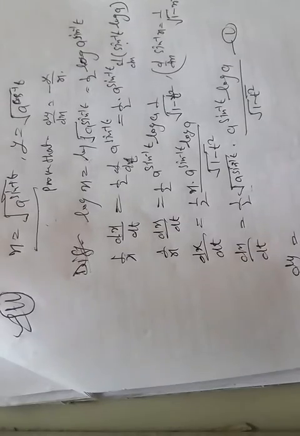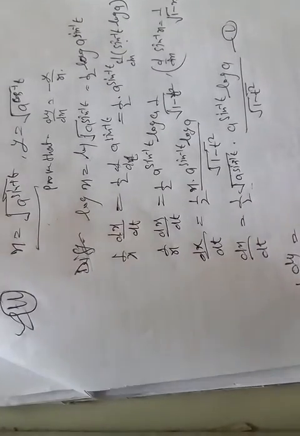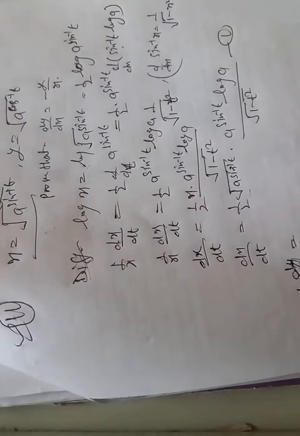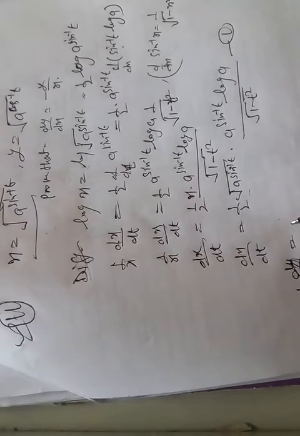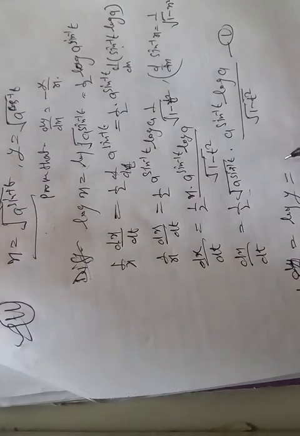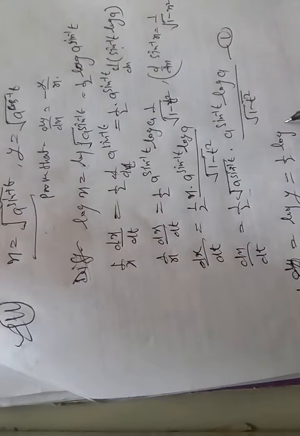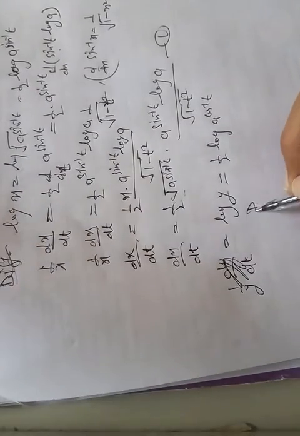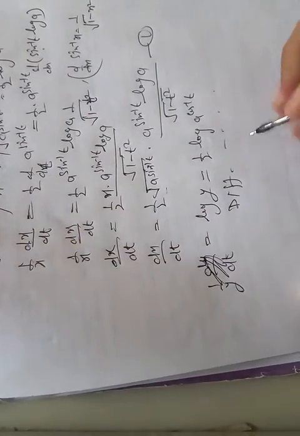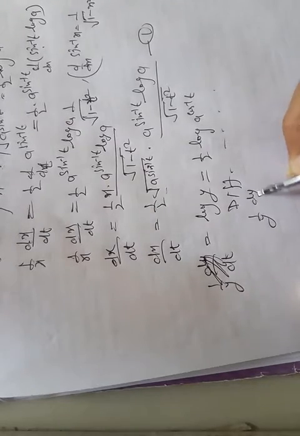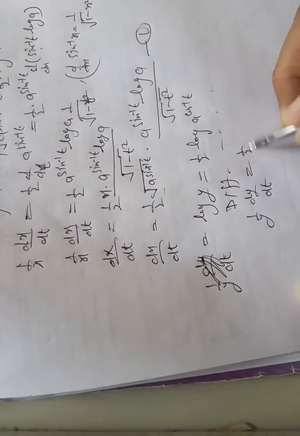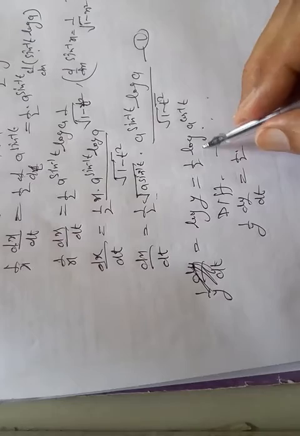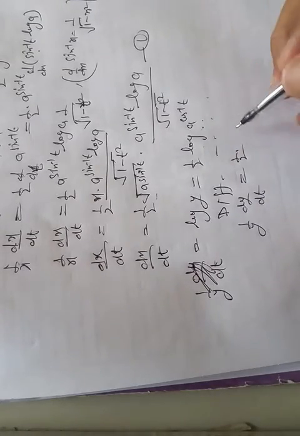So 1 upon y dy/dt equals... first taking log, log y equals 1 upon 2 log a raised to cos inverse t, and again differentiate with respect to t. 1 upon y dy/dt equals 1 upon 2 d/dt of log of this function.